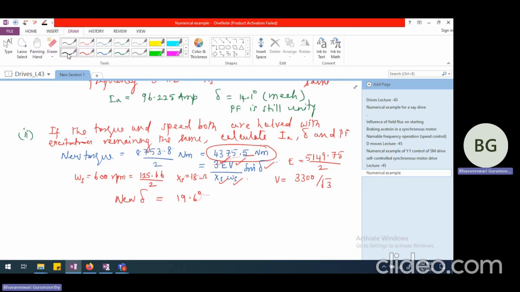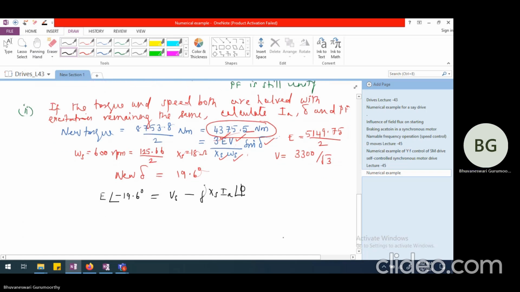Now, because we know E, we know V, we can say E angle minus 19.6 degrees is equal to Vs minus J times Xs multiplied by Ia angle phi.